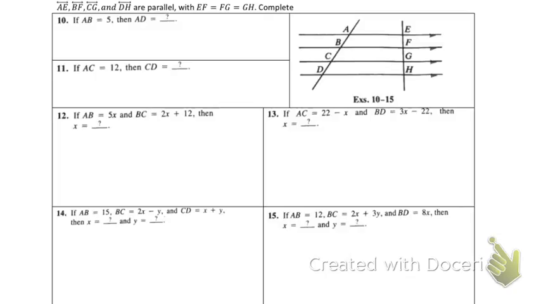AB equals 12. BC equals 2x plus 3y. And then it says that BD equals 8x. So B to D equals 8x.